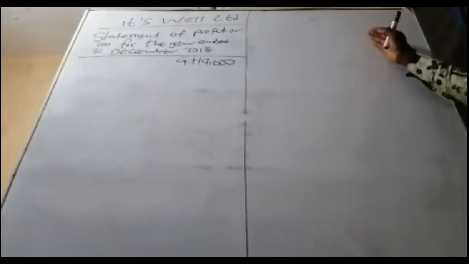That's page 2. So go to page 2, and let's record the statement of changes in equity.